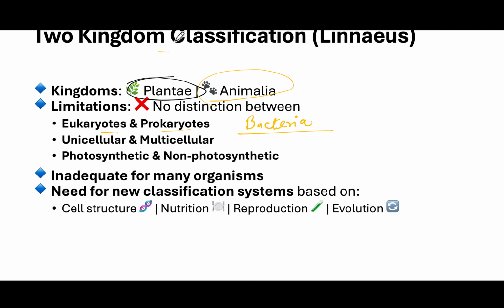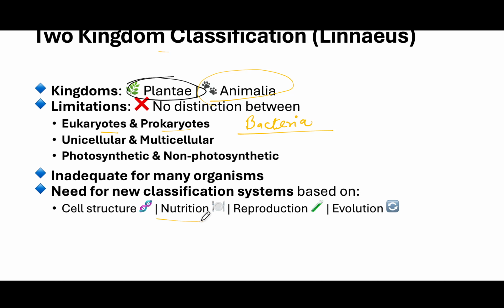So there is a need for a new classification system based on whether the cell is eukaryotic or prokaryotic, that is, the structure of the cell, and what kind of nutrition the organism follows, whether autotrophic or heterotrophic.